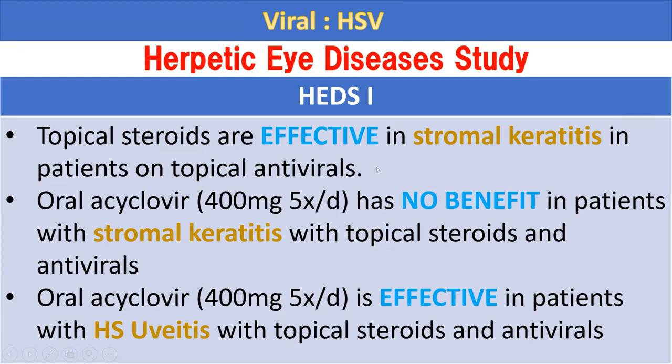So this is the result of Herpetic Eye Disease Study 1. Again, topical steroids are effective in stromal keratitis. Oral acyclovir showed no benefit in patients with stromal keratitis. Oral acyclovir showed to be effective in patients with herpes simplex uveitis.